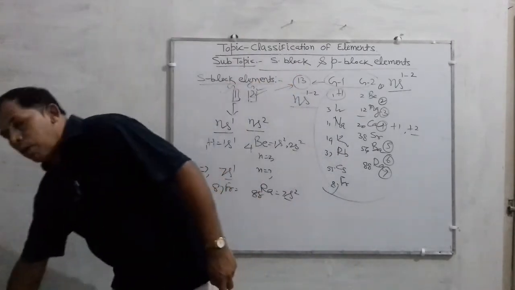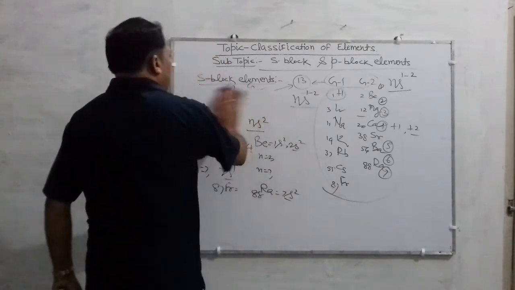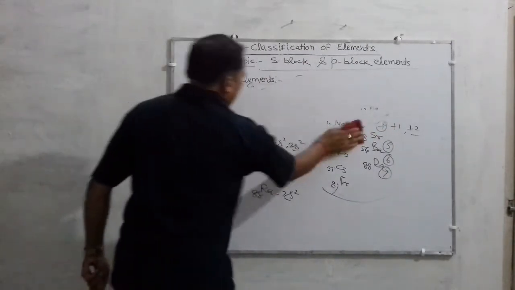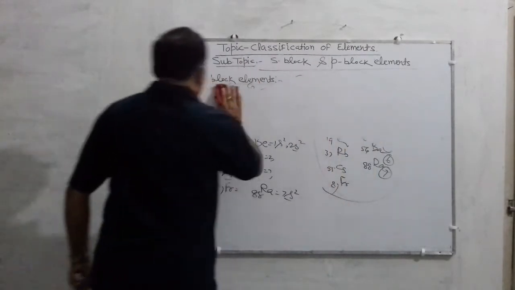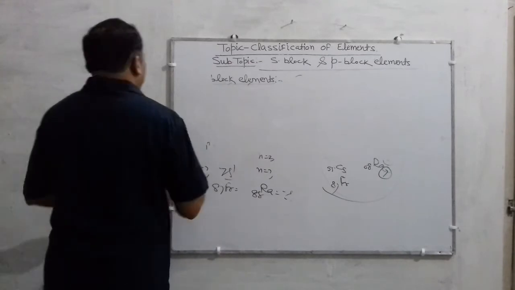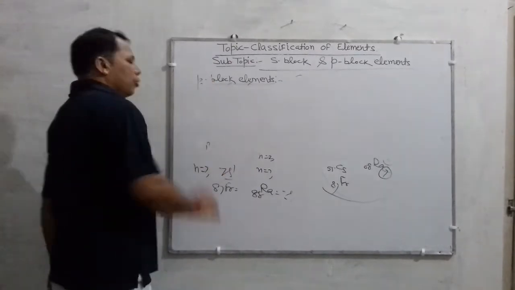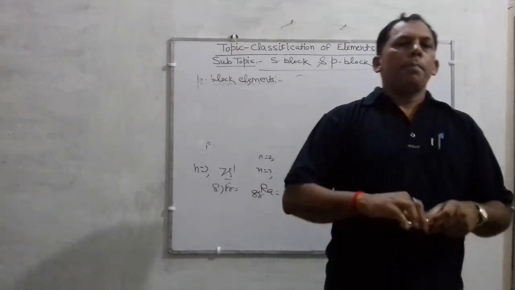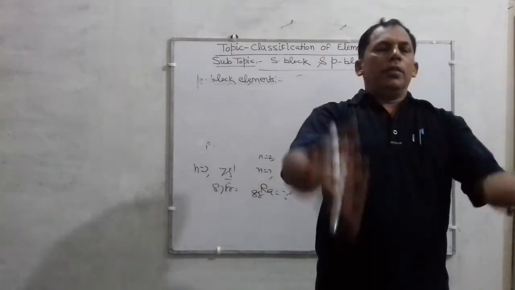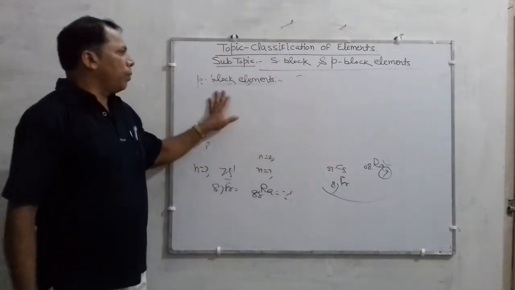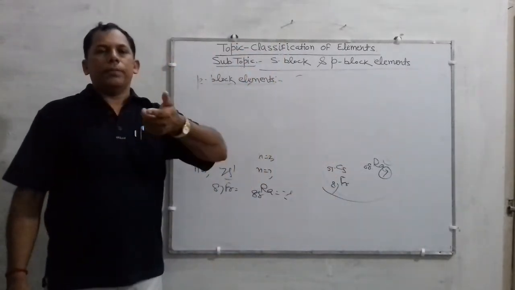Now come on the P block. Come on students. What is P block elements? So listen sincerely. P block elements are those elements which fill the last electron, or which occupy the last electron, in P subshell.